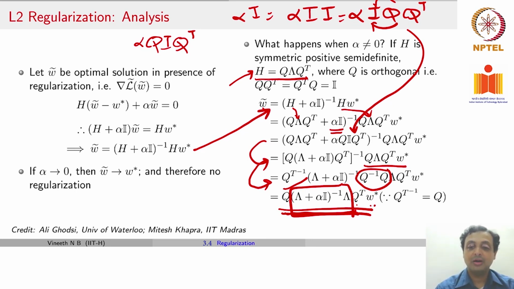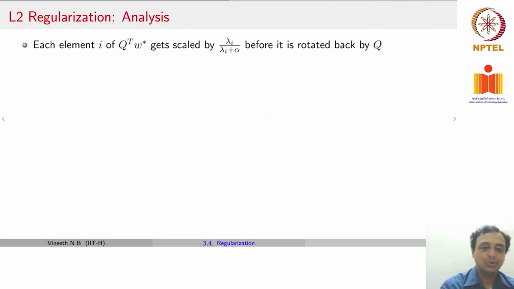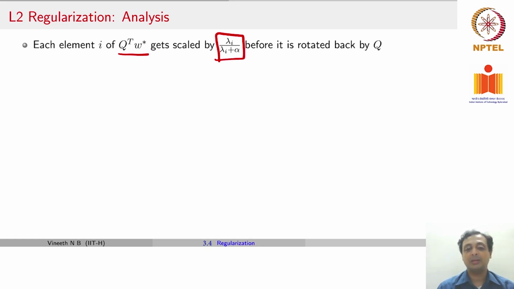So you have lambda plus alpha I whole inverse lambda, and because lambda and I are diagonal matrices, you can now write this more succinctly: every element of Q transpose W star gets scaled by lambda I by lambda I plus alpha.